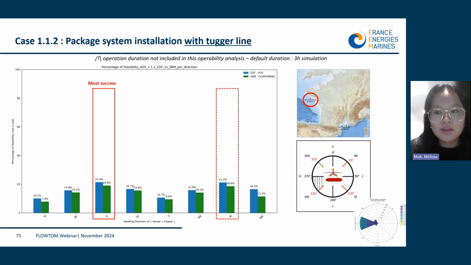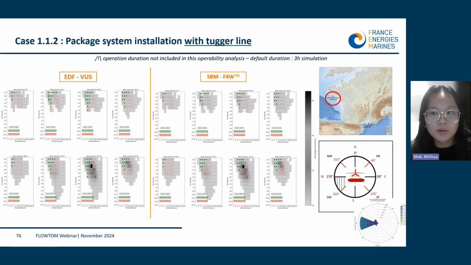Here we can see that the most favorable wave directions are east and west, which align with South Brittany's predominant wave direction. Based on this vessel heading east, we can have a look at the wave scatter plot for South Brittany to better understand the wave characteristics.